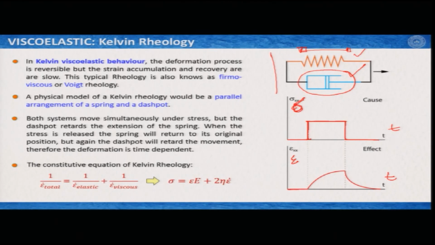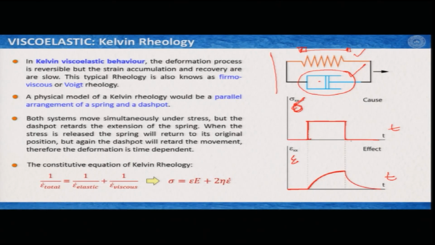So, when the stress is 0, the strain is 0 at the beginning, but when we instantaneously apply the stress, now because it has both spring and dashpot in parallel, the strain increase is somehow non-linear, even if the spring is linear and the fluid here is a linear viscous fluid, because we are combining them.